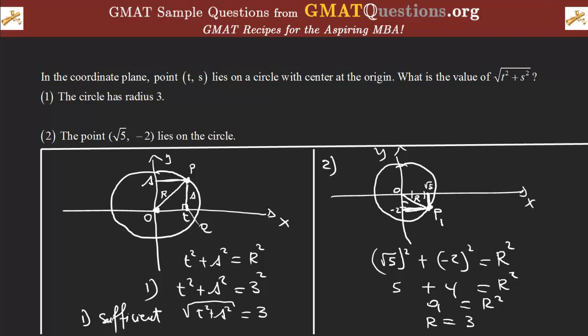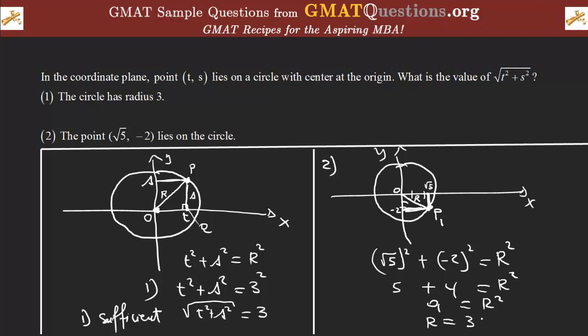Now look, this is just the same as number 1. In number 1, we are given that the radius was 3, and we were able to solve the question. It was sufficient. So using number 2, we are able to find the radius of the circle, which is 3, using the Pythagorean theorem and just the geometry of the circle.